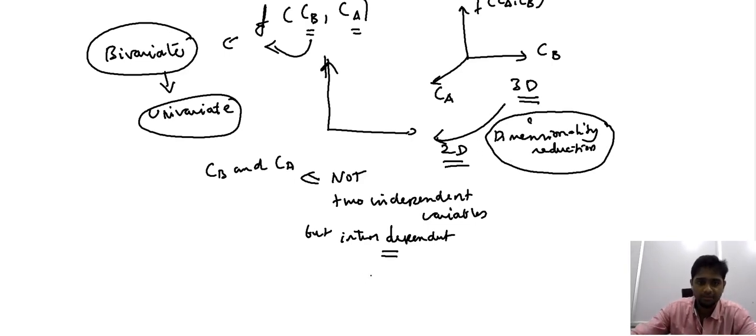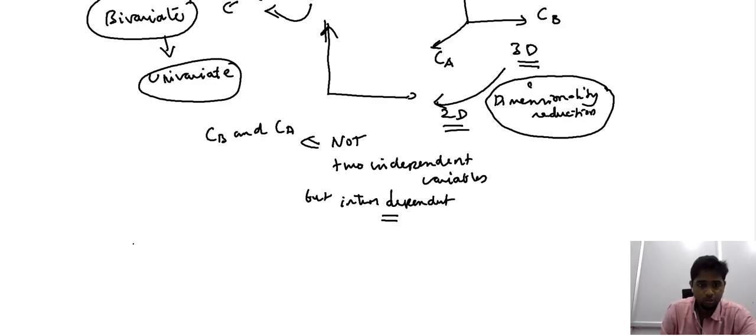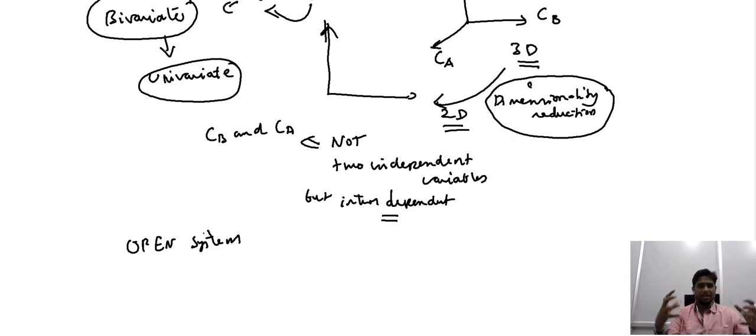So when we consider a binary system such as this, it is possible for us to have two different forms of these binary systems. It is possible for us to have an open system. An open system is one wherein mass transfer is allowed into the system at any time. The boundary of the open system is such that mass transfer across the system is allowed, so we don't have any control over the content that is present in the system.